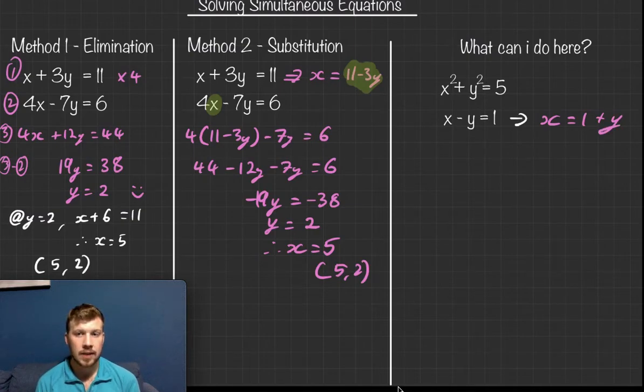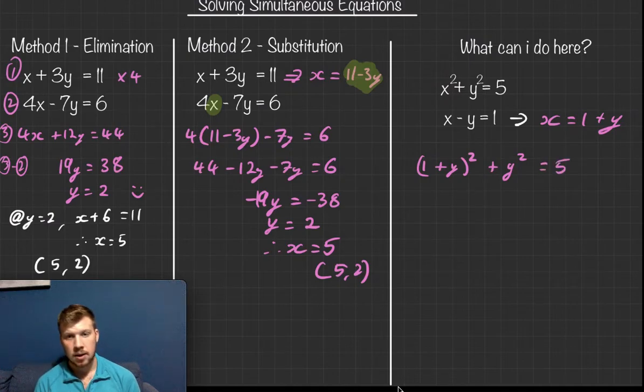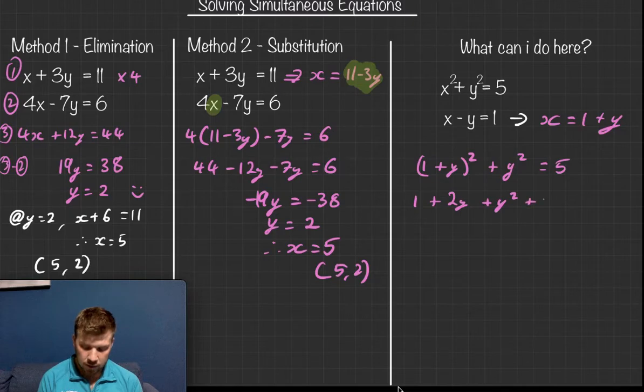Now, substituting into my top equation, where I'm taking my 1 plus y and replacing it with my value of x, I'm going to get (1 plus y) squared plus y squared is equal to 5. And now we're all confident enough that we can just expand this, so we should get 1 plus 2y plus y squared plus another y squared equals 5.